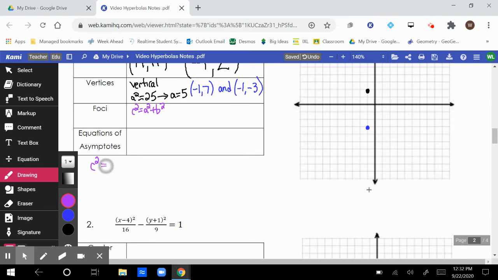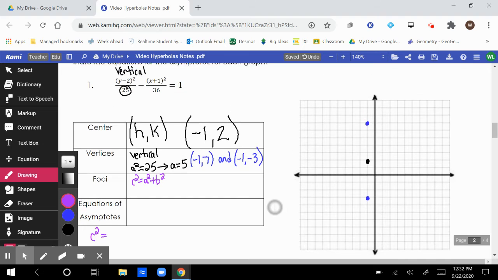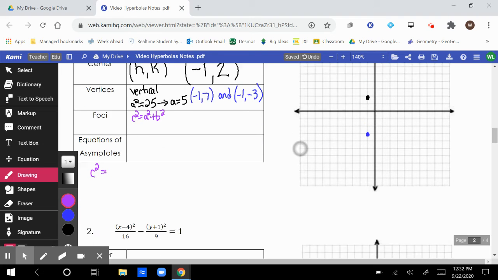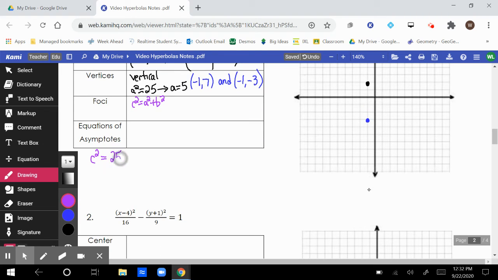So c squared equals a squared plus b squared, or you could think of it as just add your two denominators, 25 and 36. Those add to 61. So c squared equals 61. Square root both sides: c equals radical 61, which is approximately 7.8.